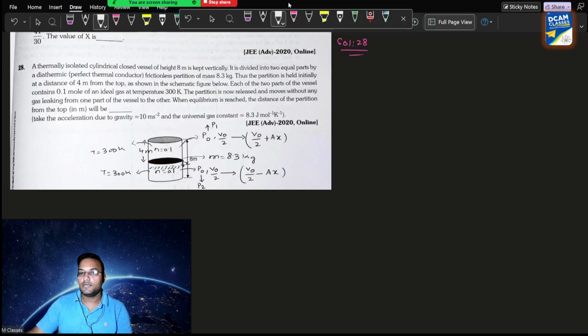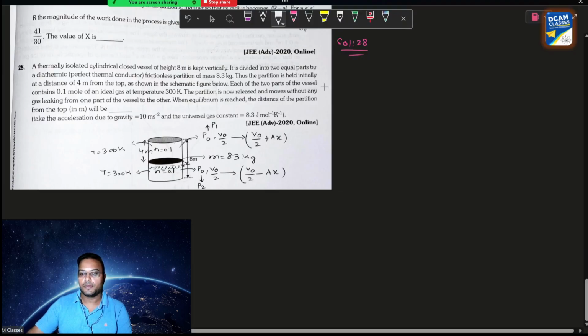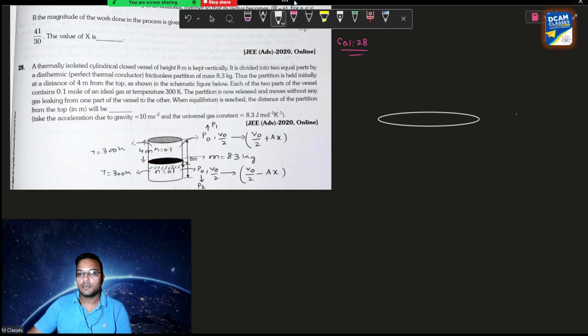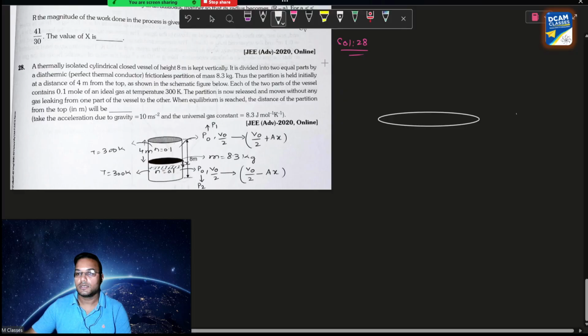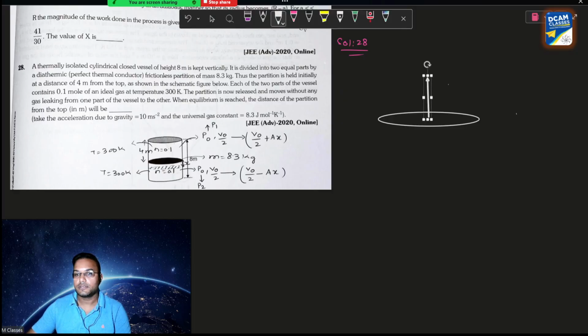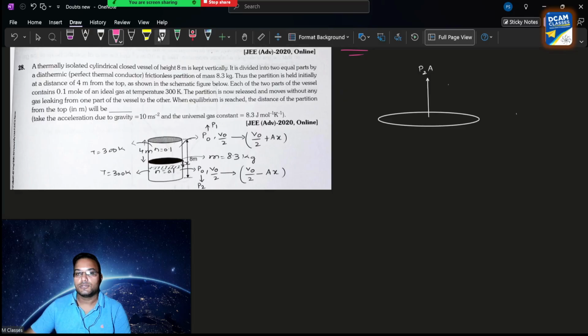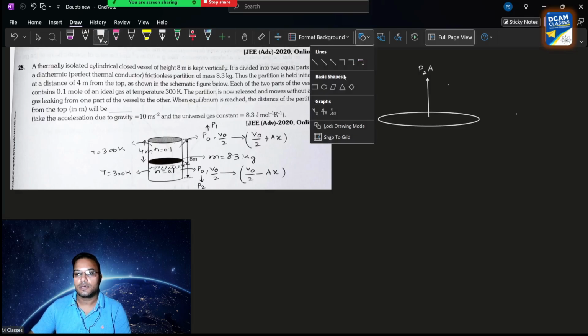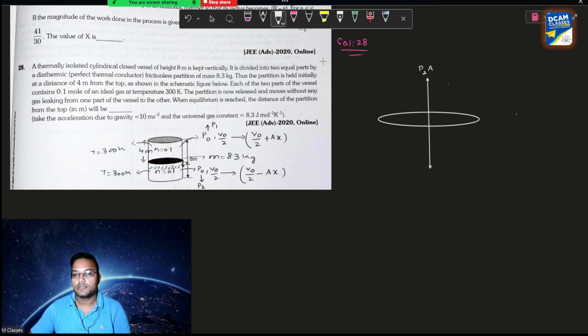If you talk about equilibrium with me, at equilibrium the lower part will apply a force in the upward direction, which will be P2 into area. Similarly, the upper part applies a force in the downward direction equal to P1 into area.